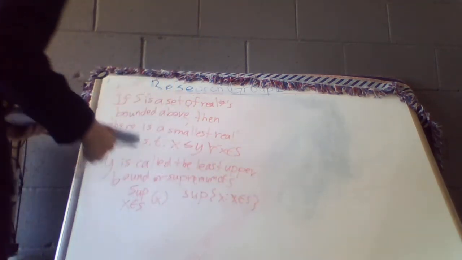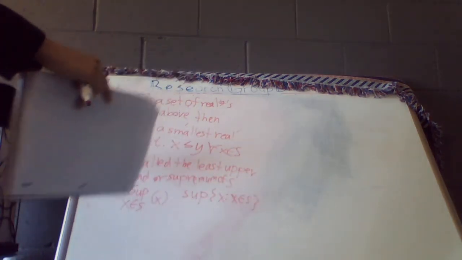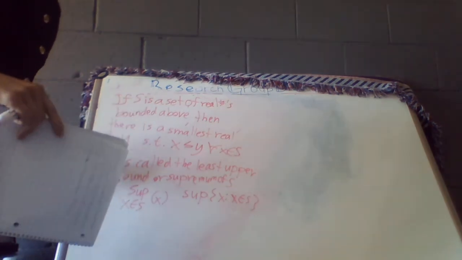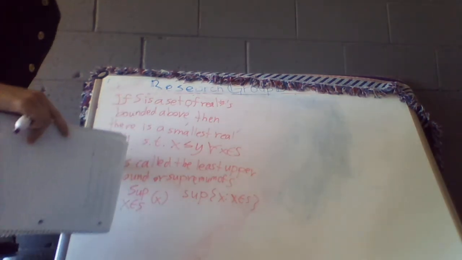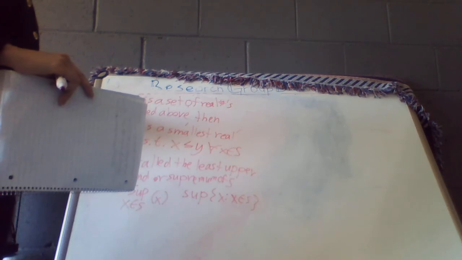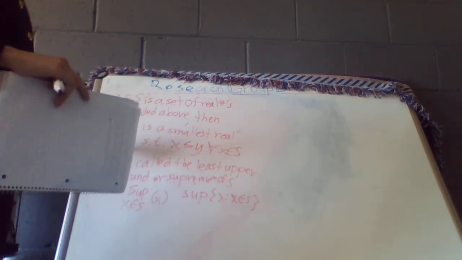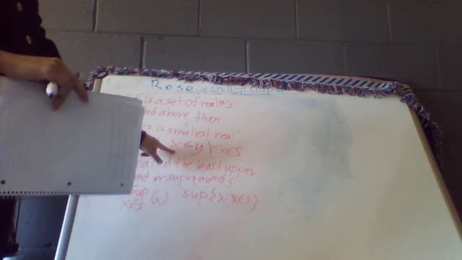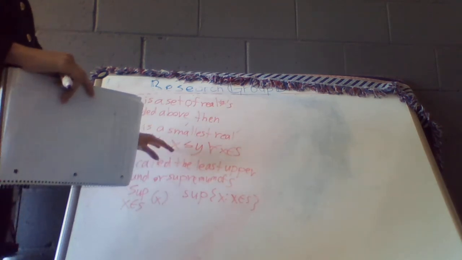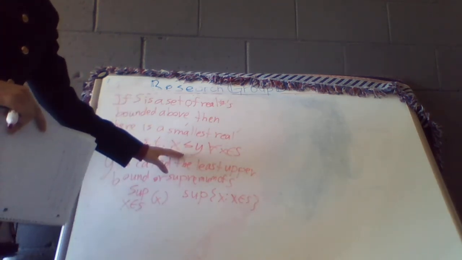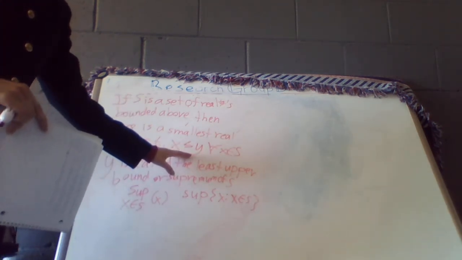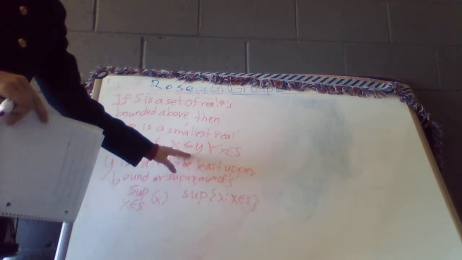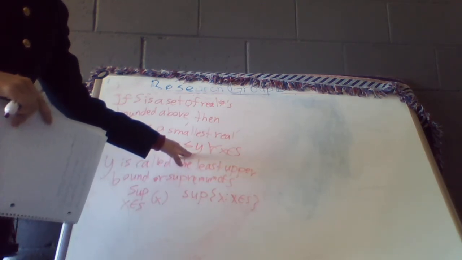So this is important because note that supremum is not the same as max, because here it says the set of real numbers is bounded above, then there's a smallest real number such that all of the points in that set X are less than or equal to y. If the set is actually open, then it doesn't ever reach a biggest point exactly.